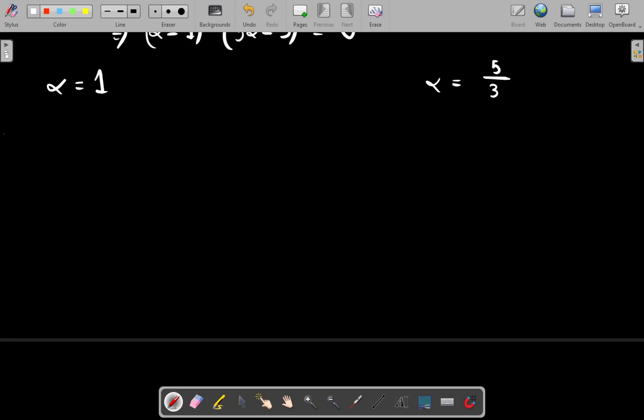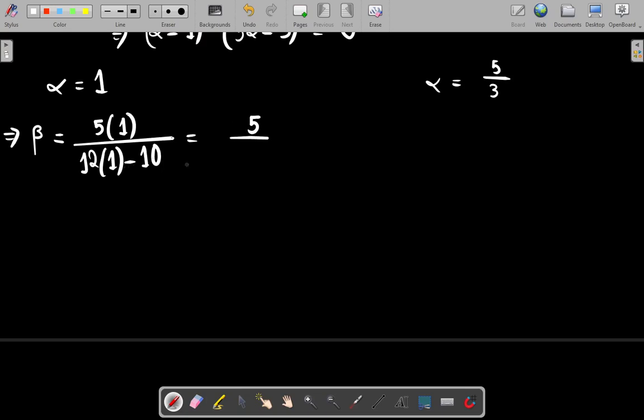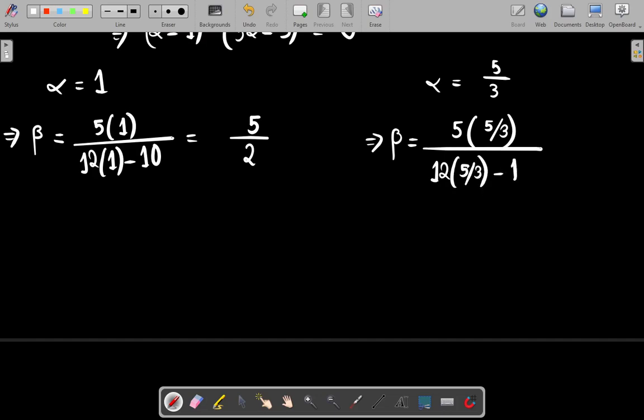Okay, so from here we get the value of beta to be 5 alpha upon 12 alpha minus 10, right? So this becomes 5 upon 12 minus 10 is 2. Okay, similarly here we get value of beta to be 5 times 5 upon 3 upon 12 times 5 upon 3 minus 10.